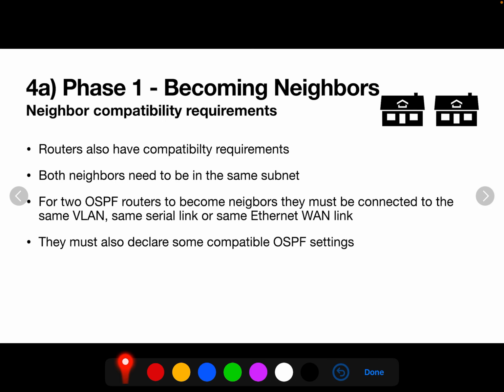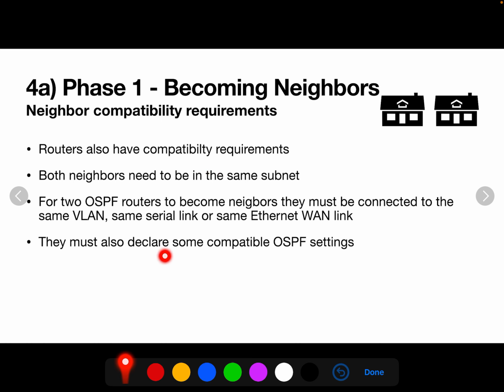So I think you can compare these two things with each other: being connected to the same human interests, and two OSPF routers being connected to the same VLAN or the same serial link, same WAN link, the same Ethernet WAN link enables them to be neighbors.